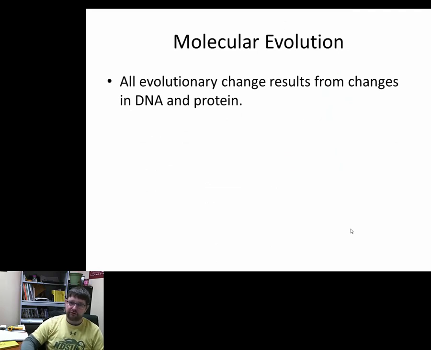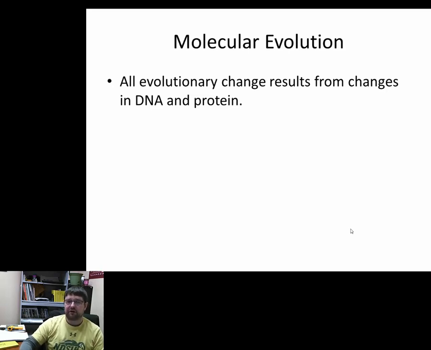All right, molecular evolution is probably the best evidence that we have for evolution today. Okay, so Darwin, when he was talking about fossils and analogous and homologous and all these other characteristics, nothing compares to the evidence we have for evolution through genetic analysis.